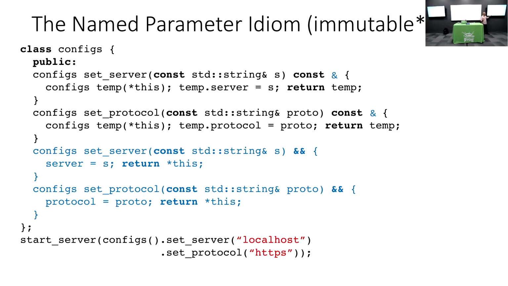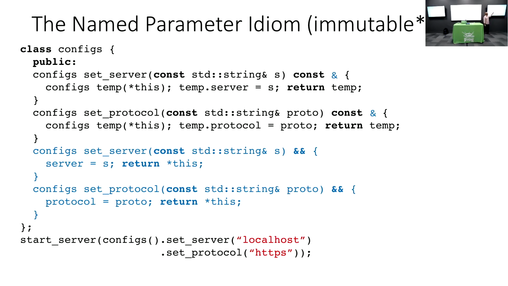So that disambiguates between two different contexts. Now note what the implementation in blue is doing. It returns star this. All the functions are returning configs by value. So each time these functions are called, a new object of configs is created.